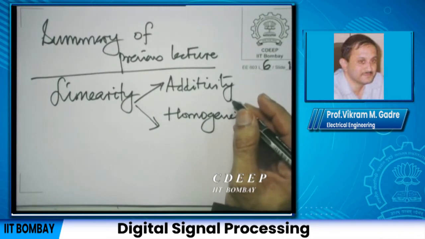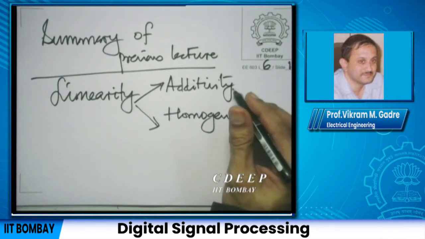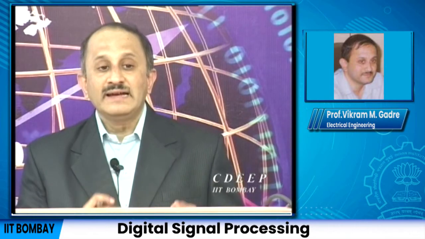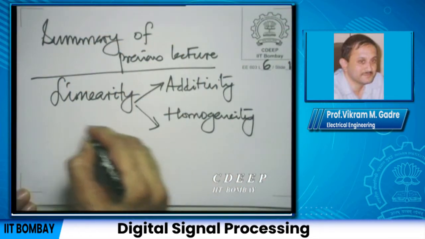So, we had defined them as properties which were subsets of the properties of linearity. However, we had remarked, and I had left it to you as an exercise to prove, that the relationship is two-way. In other words, additivity and homogeneity together come to make linearity once again. That means together they are sufficient for linearity to hold. So, it is both ways.